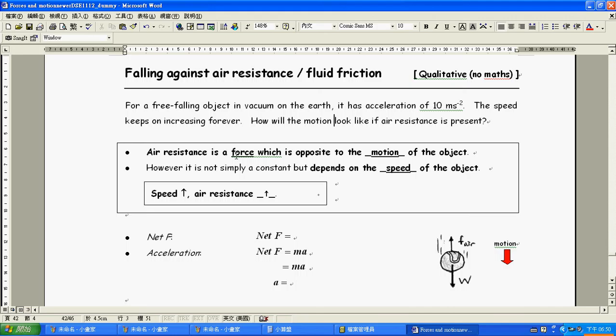First of all, air resistance is a force which is opposite to the motion of the object. And furthermore, it is not simply a constant, but it depends on the speed of the object.